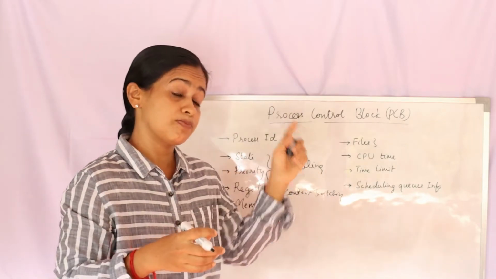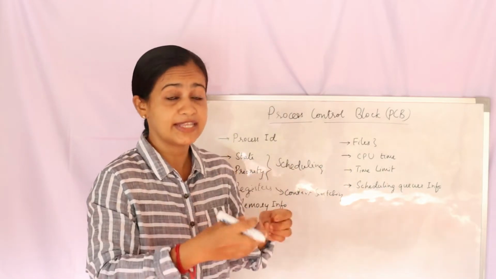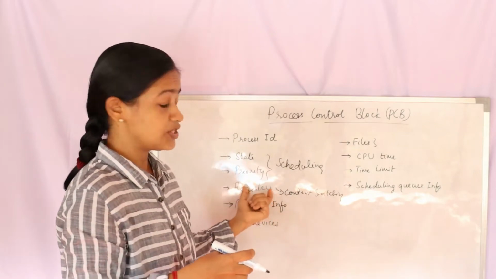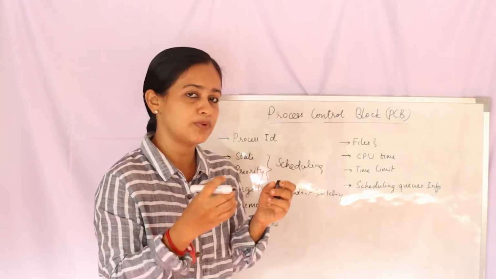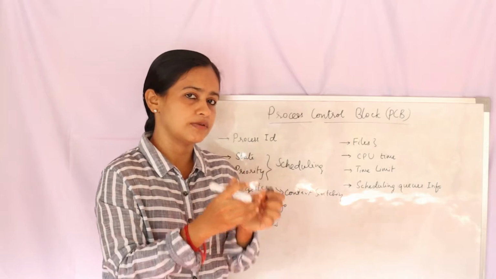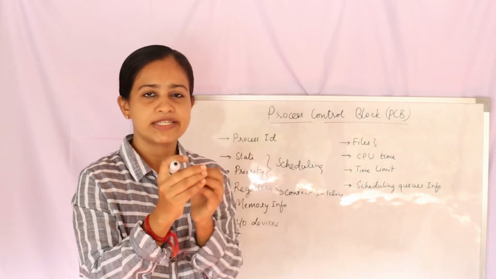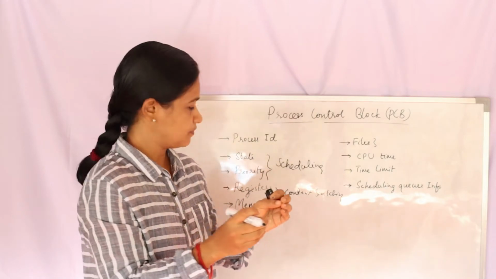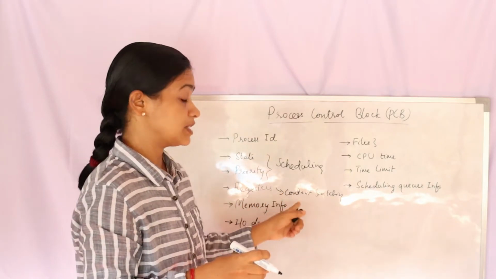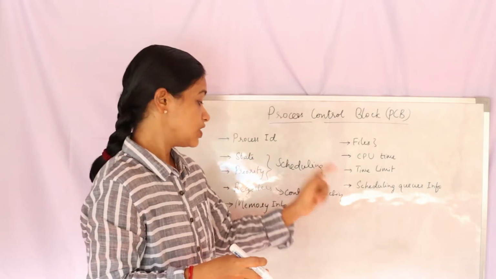When the process comes back into execution and it gets the CPU time again, these register values can be used and the process can start execution from the point where it stopped before, and it looks as if the process has never stopped. So these register values are particularly useful in context switching.